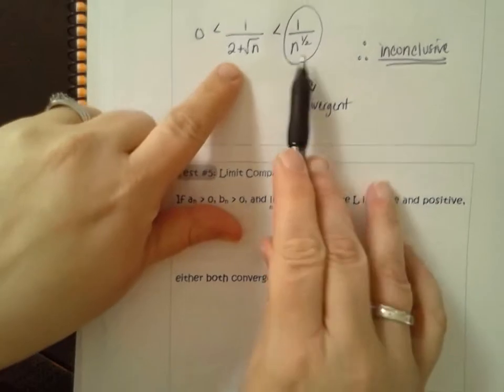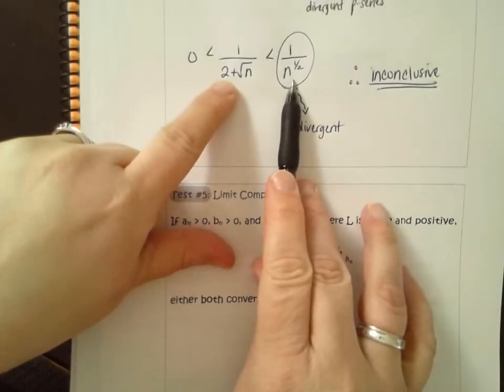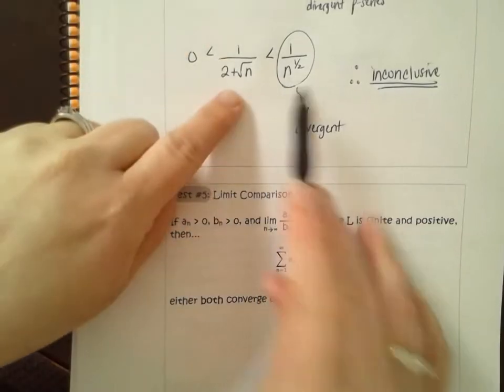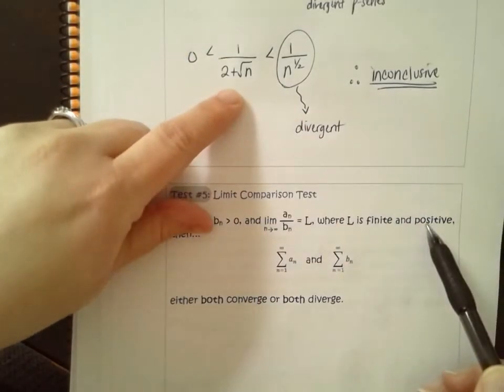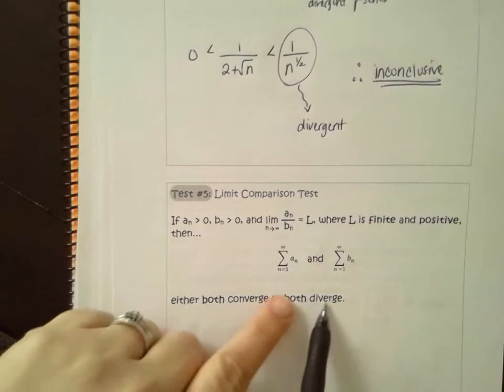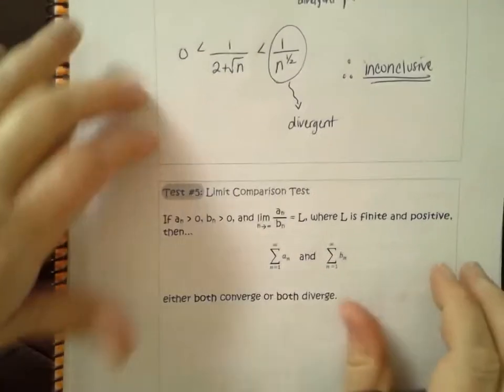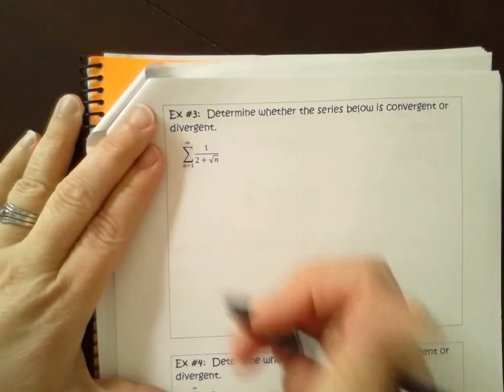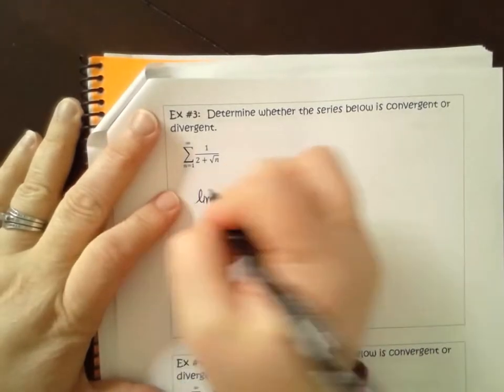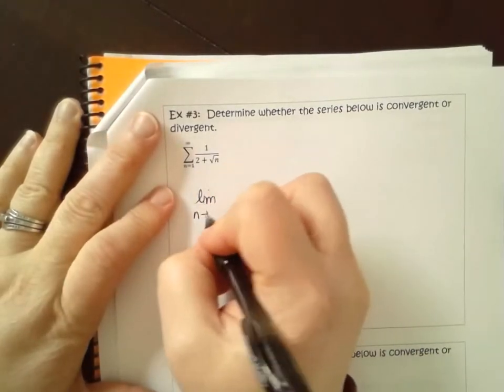So if I compared these two as a fraction comparison, and it came out to be a number, I don't care what kind of number, but a number that's finite and positive, then I would know that they were both divergent because the one was. All right, is that the next example? Yep, so we're going to look at that example again, except through the eyes of the limit comparison test. It doesn't matter which one you put on top.